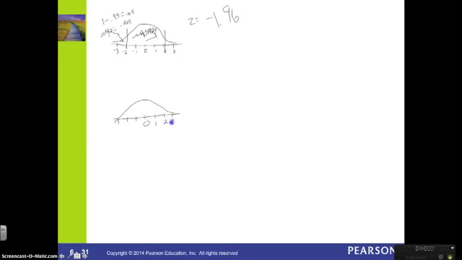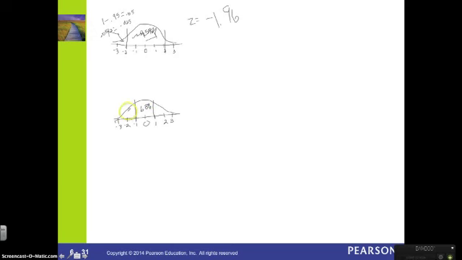Okay, so there's your 1, 2, and 3, and -1, -2, and -3. Okay, so now for 68%, I know 68% is between -1 and +1, so this is 68%.